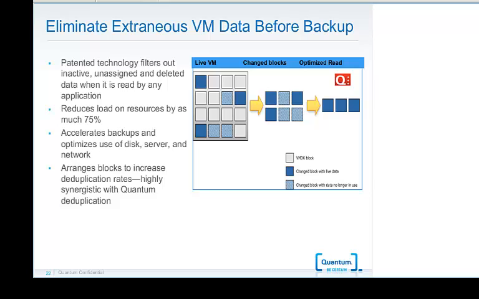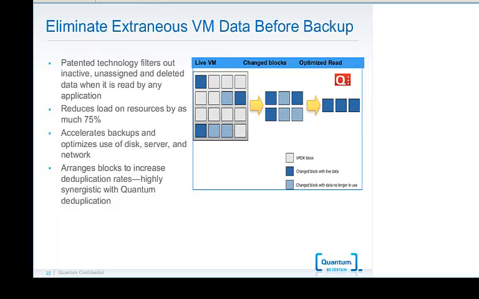So as we were talking about earlier, the change block tracking technology is a way that VMware tracks what's changed within the virtual machine. And it does that, like the name implies, at a block level. Traditional or even virtualization-aware backup applications will use this change block tracking as a means to determine what has changed since the last time I did a backup and only back up those change blocks.